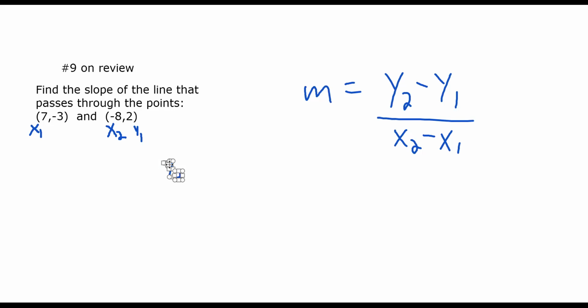So don't get your wires crossed or anything weird like that. You might label them correctly as x1, y1, x2, y2, but then when you plug them into the formula, you might accidentally put the -3 here first, which is not what you want. So you'll lose consistency. Now, before you just look at this one and plug it into the formula, one strategy is to pump the brakes a little bit. What I mean by that is don't just rush into it and think you already know how to do it. I can't tell you how easy it is to make that mistake.